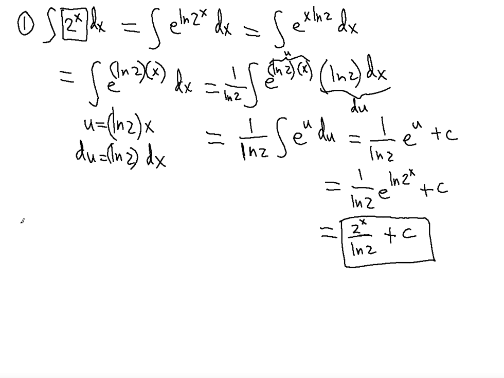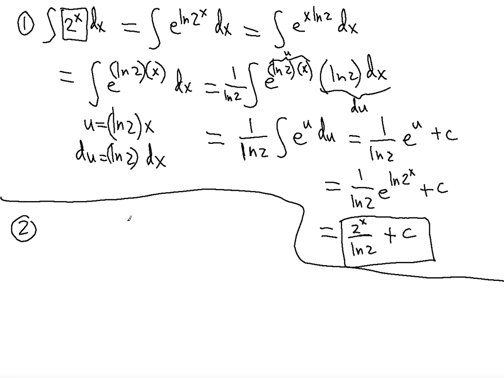Okay, so now let's do another example using a similar technique. The function is going to be, we're going to take the integral of x times 2 to the power of x squared dx. So notice that we can write this integral as x e to the power of ln of 2 to the x squared, right?